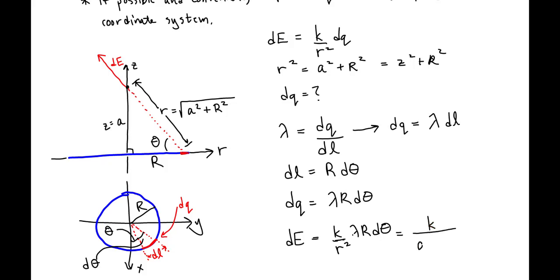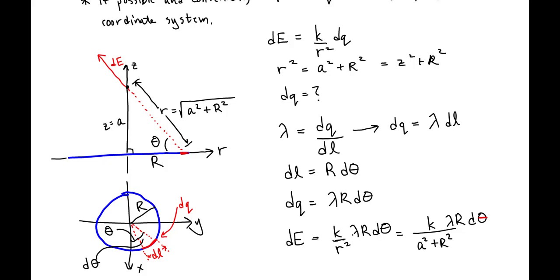It's a constant because we're looking at a single point in space, the point A on the z-axis, and the radius of our ring is constant. And this is r squared, so I don't have to put that under a square root. And then in the numerator, we have two more constants, lambda and the radius of the ring, and we have that tiny bit of angle d theta.